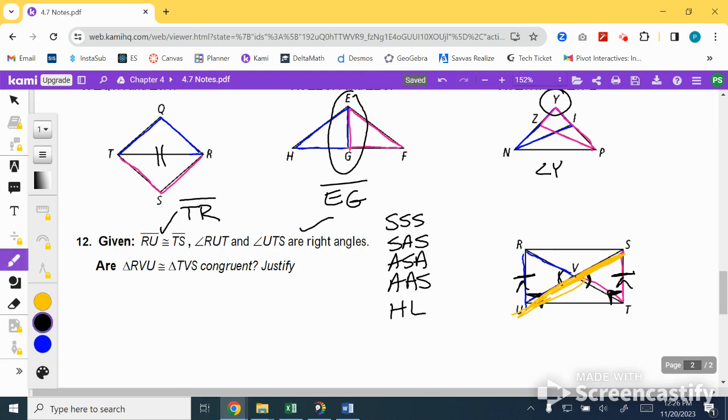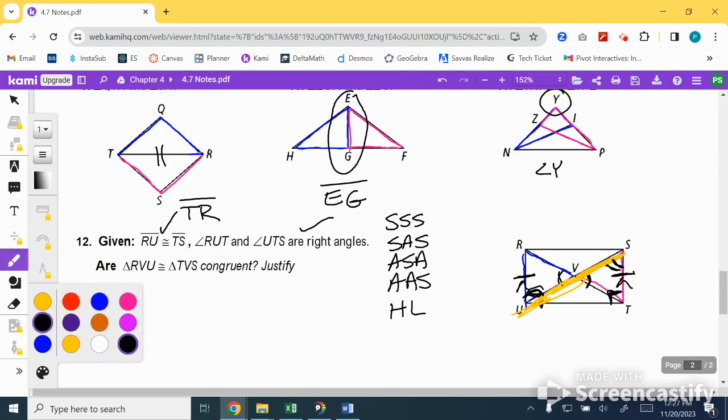Right here, I have an alternate interior angle, and right here, I have an alternate interior angle. So I now have an angle side situation. I have a pair of sides that are congruent, ST and RU, which was given to me. I have a pair of vertical angles that are congruent, and I have a pair of alternate interior angles that are congruent.